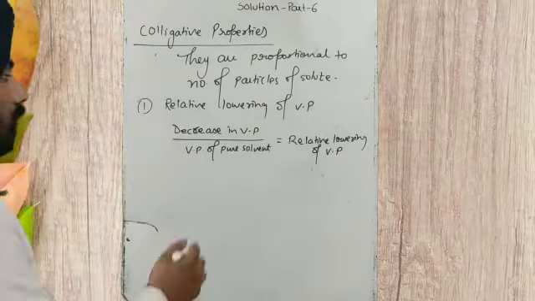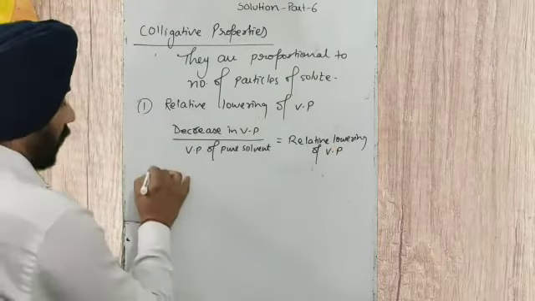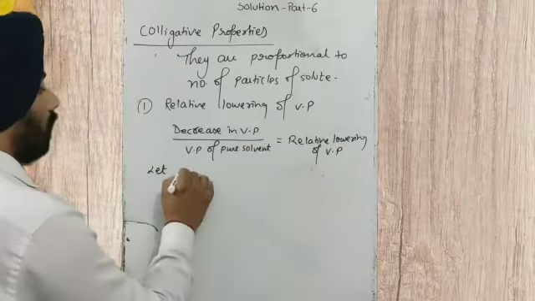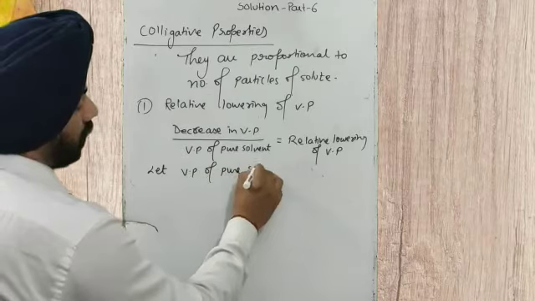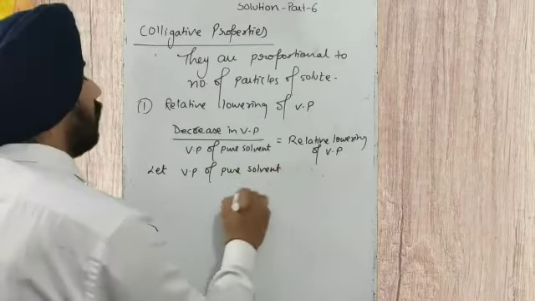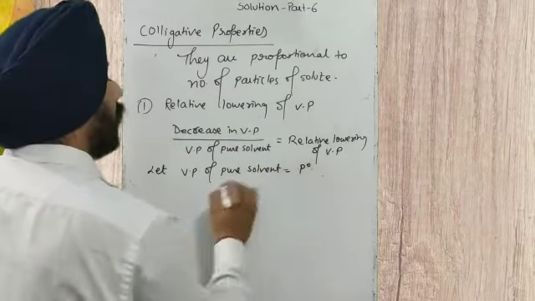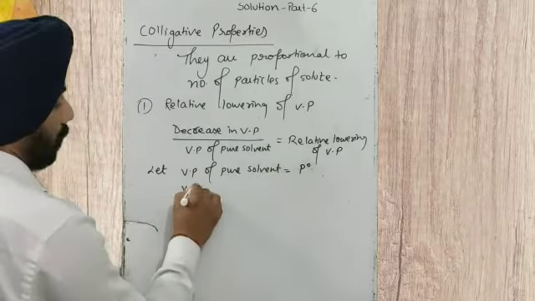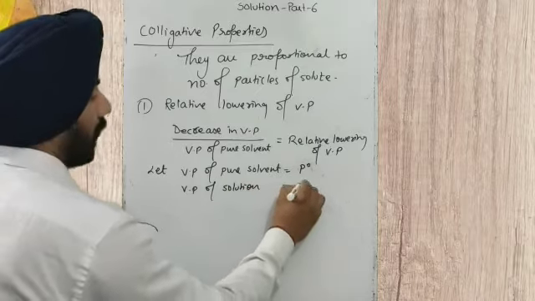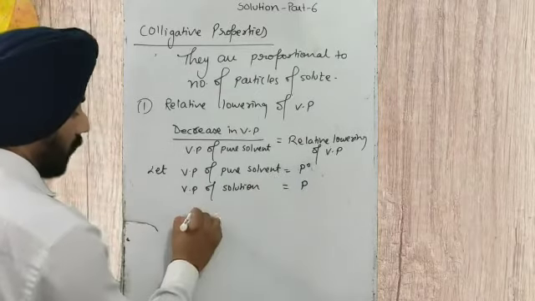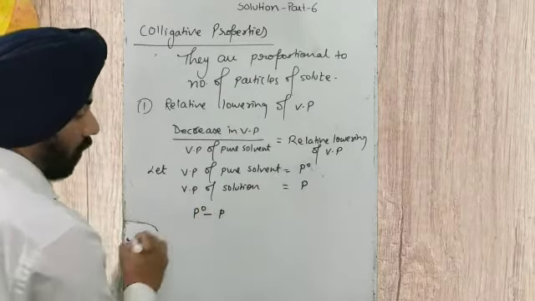So what is the decrease in vapor pressure? If we let the vapor pressure of pure solvent be P naught, and the vapor pressure of solution be P, then the decrease in vapor pressure will be P naught minus P.